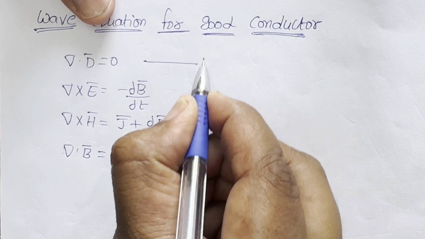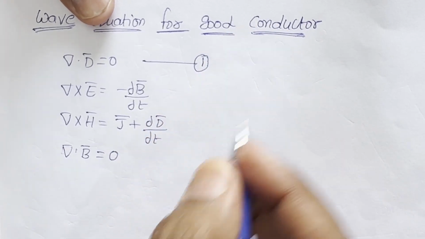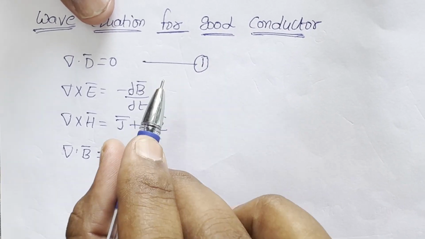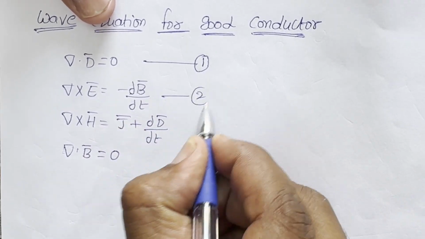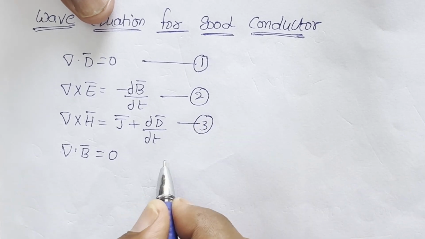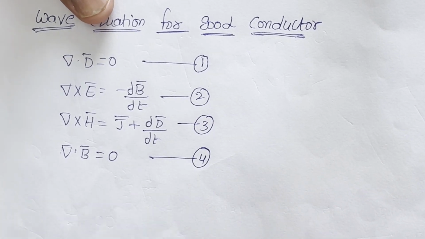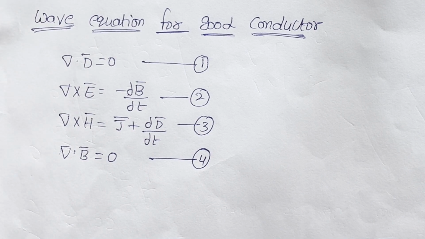These are the four Maxwell equations from the good conductor point of view. I am assuming these as equations 1, 2, 3 and 4.